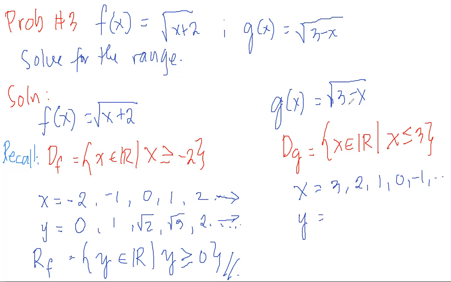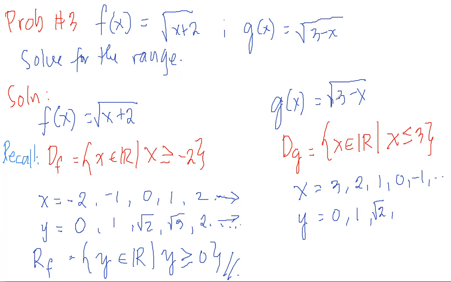If x is equal to 3, the radicand becomes 0, so the square root of 0 is 0. If x is equal to 2, the value of the radicand is 1, so the square root of 1 is 1. If x is equal to 1, 3 minus 1 is 2, so the square root of 2 is square root of 2.